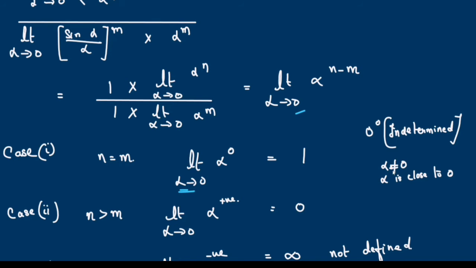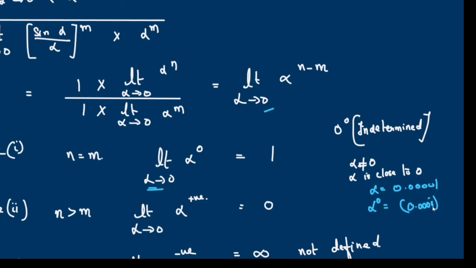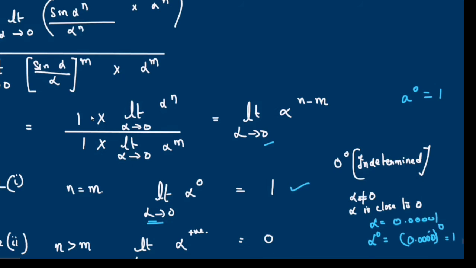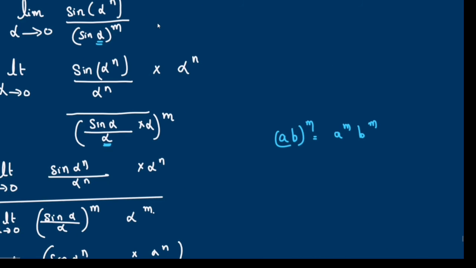Alpha is not equal to 0, but alpha is very close to 0. So alpha can be 0.0001 or something like that to the power 0. Any number to the power 0 is 1. You know that a power 0 is 1. So we get the answer as 1. If n is equal to m, the limit value is equal to 1.